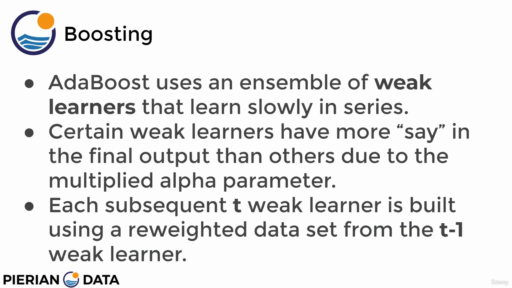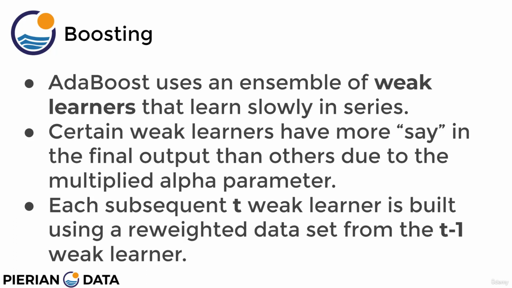So let's have a little quick review. AdaBoost or adaptive boosting uses an ensemble of weak learners that learn slowly in series. Then, certain weak learners are going to end up having more say in the final output than others due to the fact that they're being multiplied by that alpha coefficient or alpha parameter.